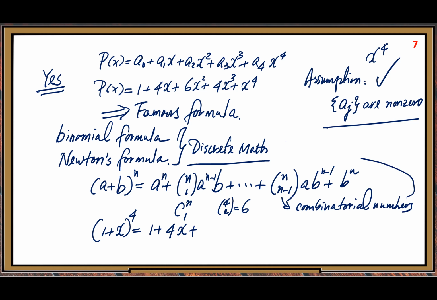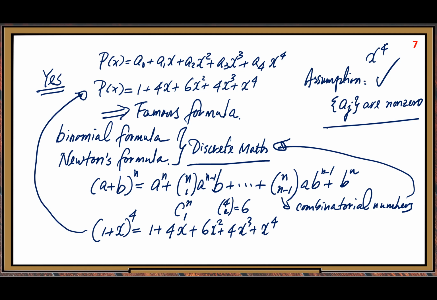That's your discrete math content. So 6x squared plus 4x cubed plus x to the 4th. If you apply the binomial formula or Newton's formula, you will get this expression, 1 plus x to the 4th. How many multiplications do you need to find the value of 1 plus x to the 4th power? The answer is 2, right?